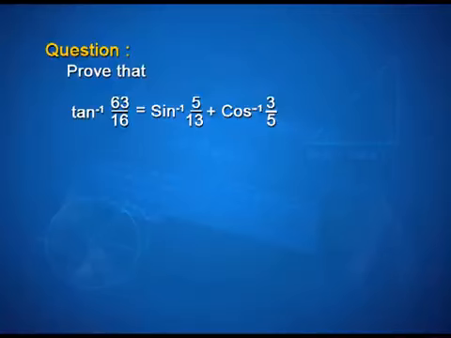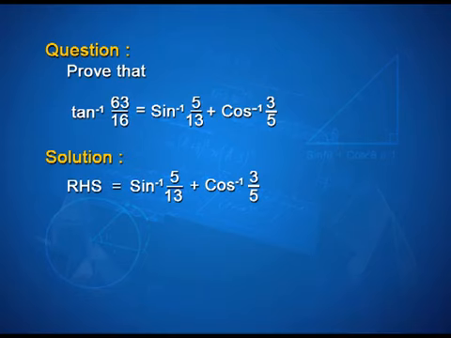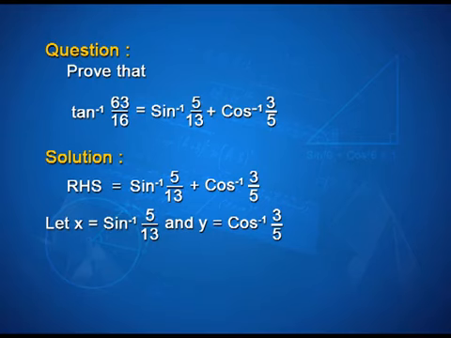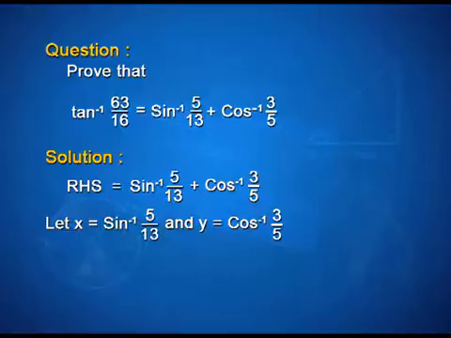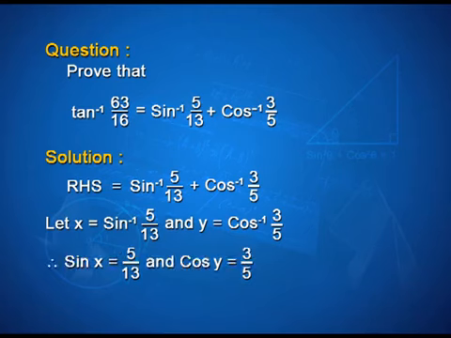Starting with the right hand side, which is sin inverse 5 by 13 plus cos inverse 3 by 5. Begin by assuming sin inverse 5 by 13 to be, say, a quantity x and cos inverse of 3 by 5 to be y. The moment I have that, the definition allows me to write that if x is sin inverse 5 by 13, then sin of x must be 5 by 13 and cos of y must be equal to 3 by 5.